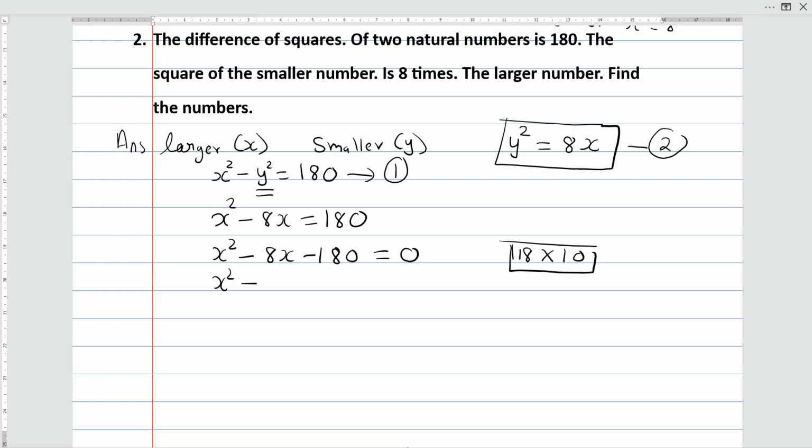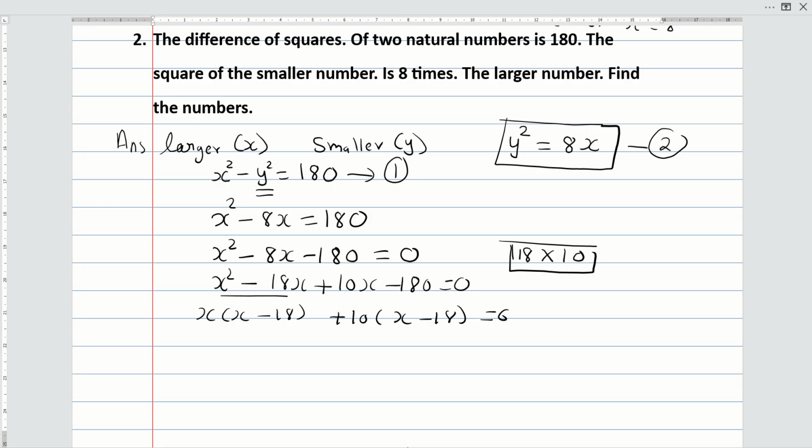It is x square minus 18x plus 10x minus 180 is equal to 0. Group. So it will be x into x minus 18 plus 10 into x minus 18 is equal to 0.